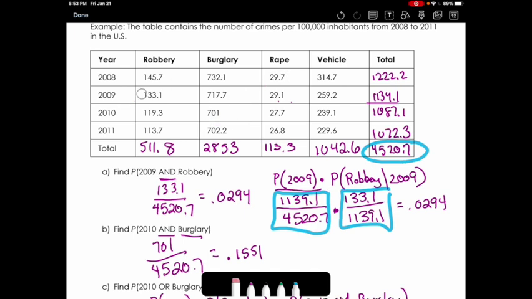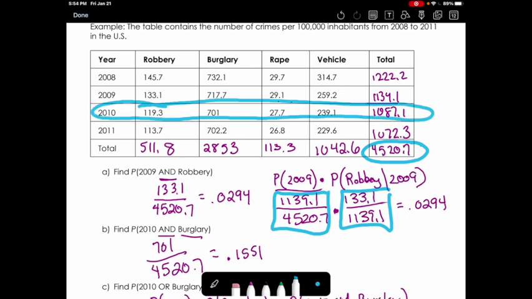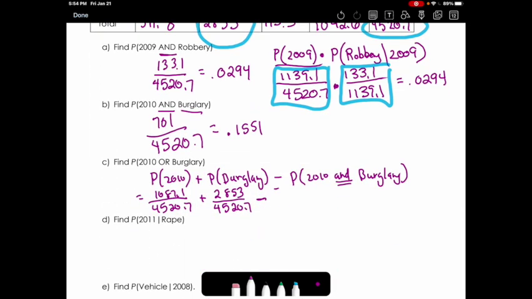And then we're looking to see if there's any overlap. Well, if I look here, I counted all of these values when I summed up the crimes that happened in 2010, and then I added up all these for the burglary. So these 701 got counted twice. So that's what I need to subtract off.